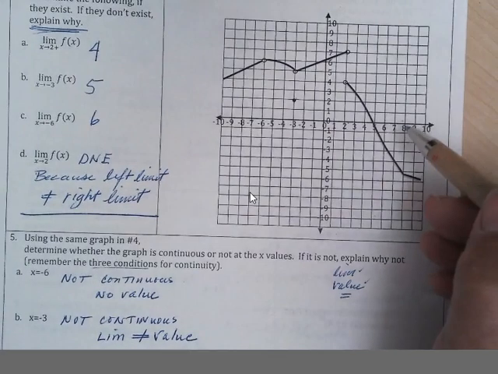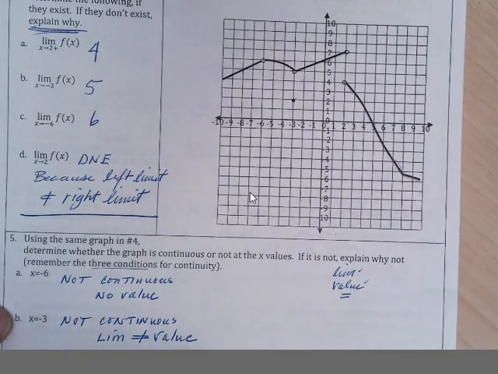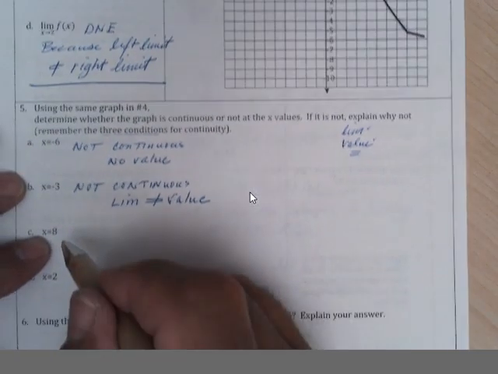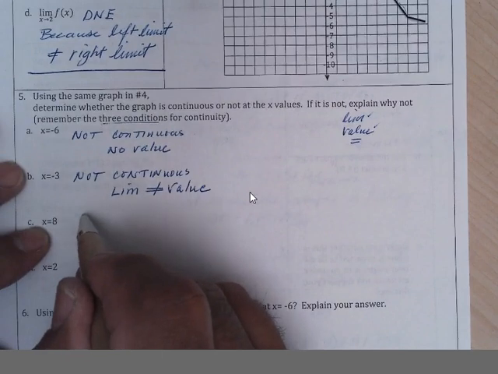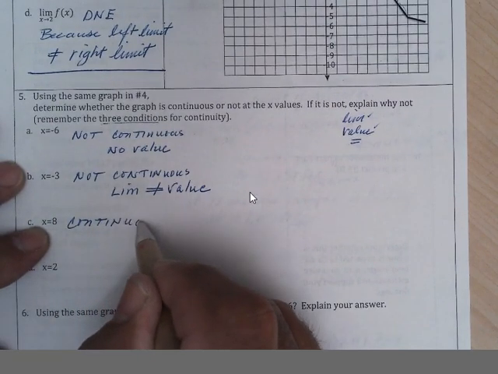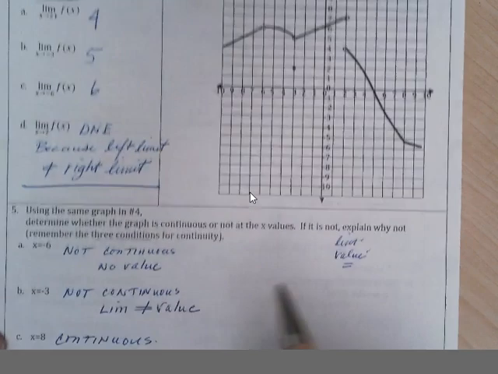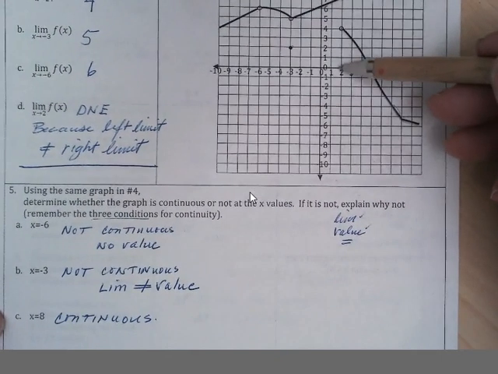At 8, out here at 8, there's a cusp, but it has a limit and it has a value, and they're equal. So even though there's a cusp, it's continuous. At 2, it's got 2 problems.